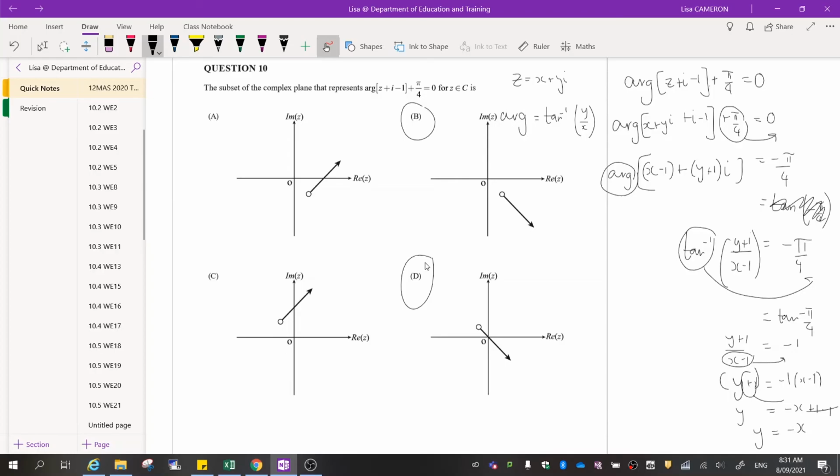Now, to test which one it's going to be, I can substitute in a point. So this tells me that the first point that we'll get is when y is equal to 1 and x is equal to -1.